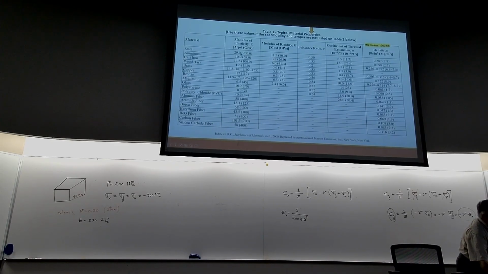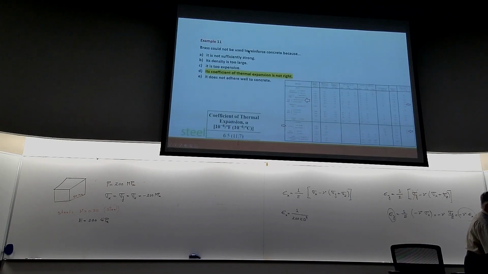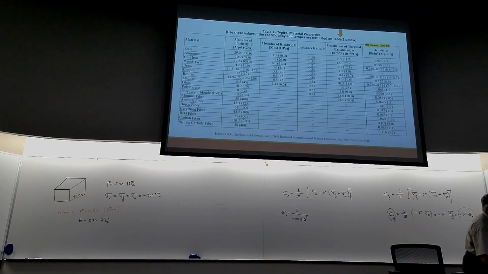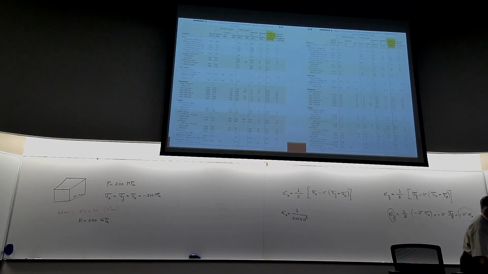Here is 200 gigapascal, table from your book. The same thing, 200 gigapascal. So that's the source of those numbers.